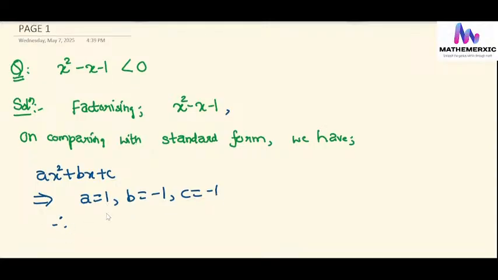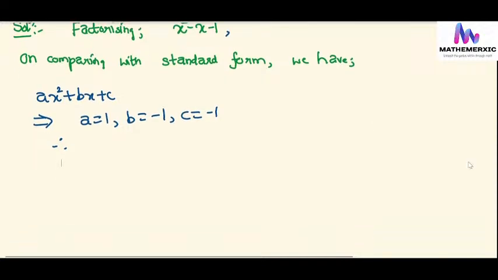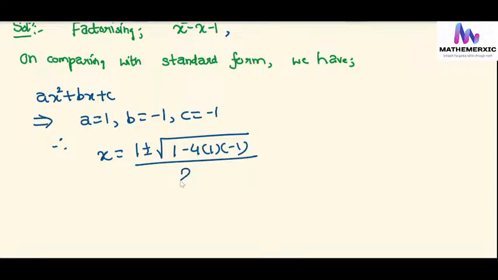Therefore, the roots for this will be minus b plus or minus root of b square minus 4ac, upon 2a.